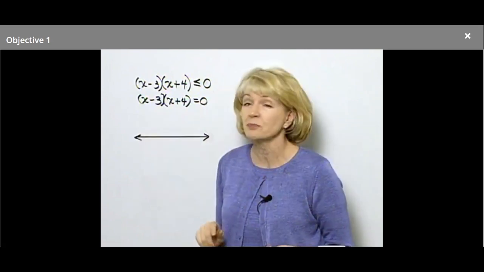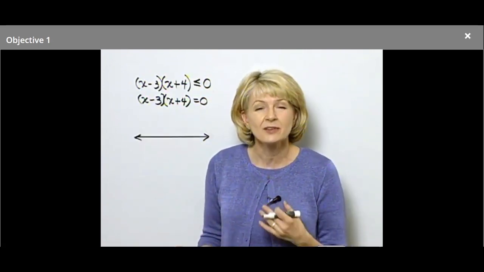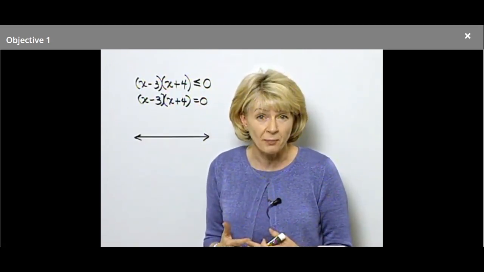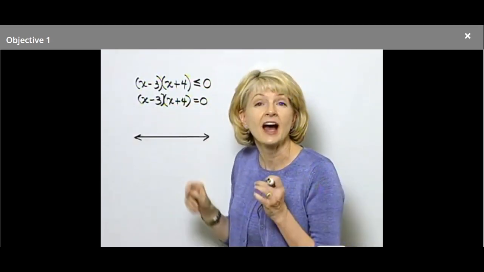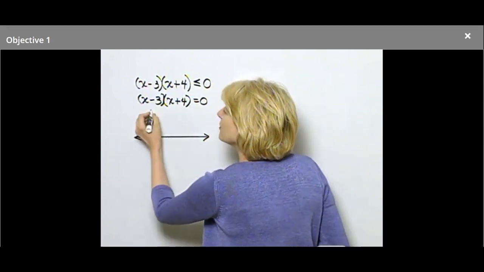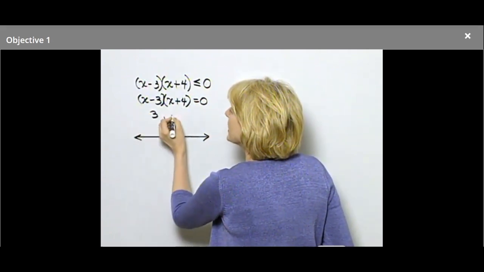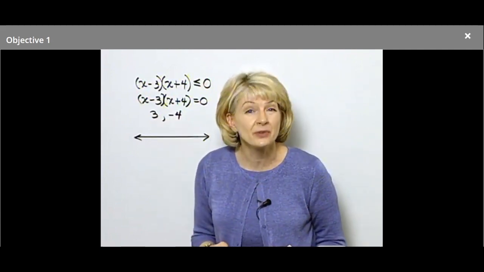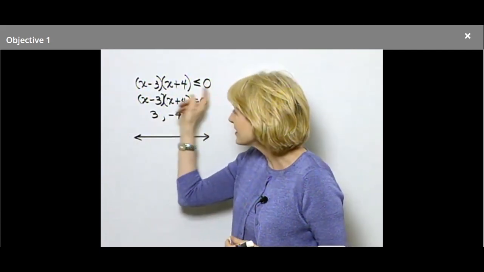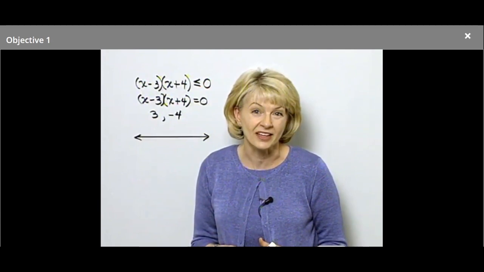I have a factored polynomial on the other side, so I can use the zero factor property, set each factor equal to 0, and I would have solutions of 3 and -4. Now, these are solutions of the related equation, not the inequality.